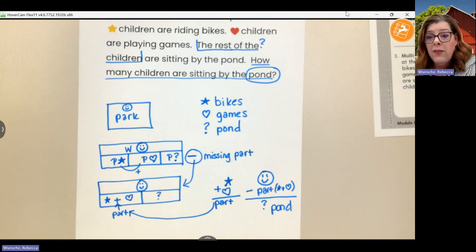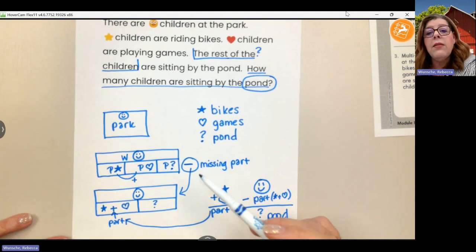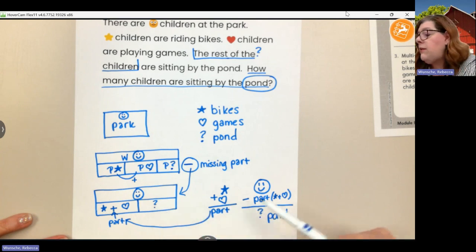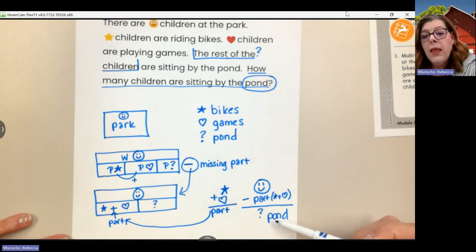I did all that math, and I don't have any numbers anywhere in this word problem. All of my work is done with the information that was given to me that didn't have numbers with it. So I figured out exactly what I needed to do as I worked through this problem to come to the operations I needed to use to get the answer that I was looking for.